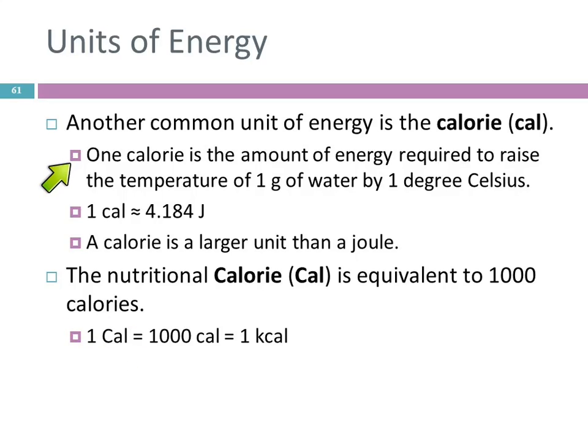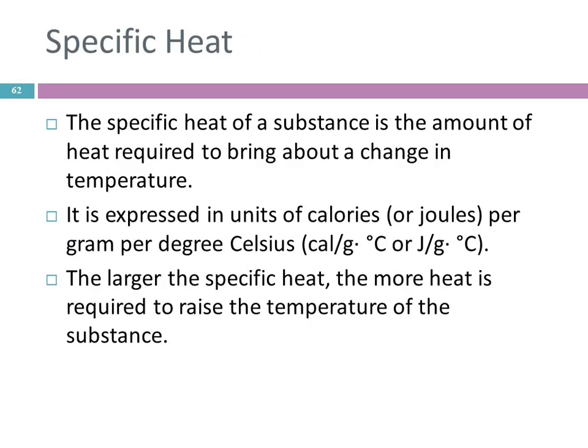A calorie is the amount of energy needed to raise the temperature of 1 gram of water by 1 degree Celsius. 1 calorie is approximately equal to 4.184 joules. So we see that a calorie is a larger unit than the joule. And we're kind of 50-50 in chemistry. We use calories and joules, so we need to be comfortable with both of them.